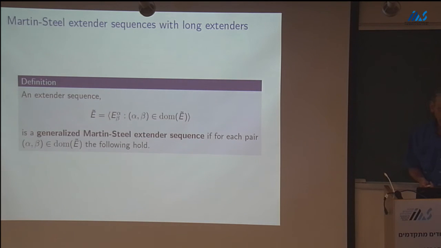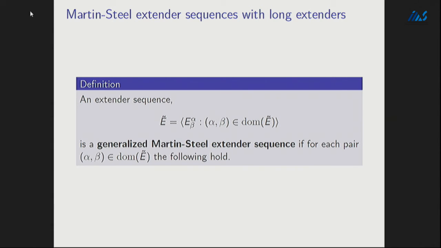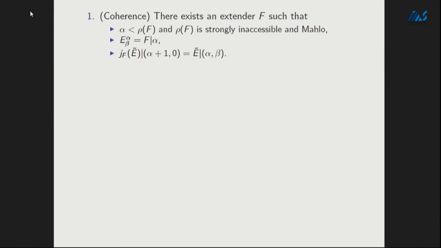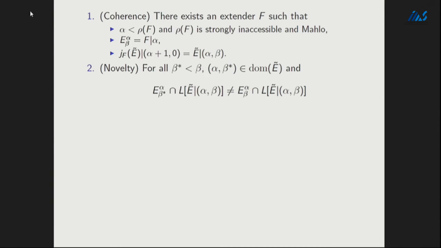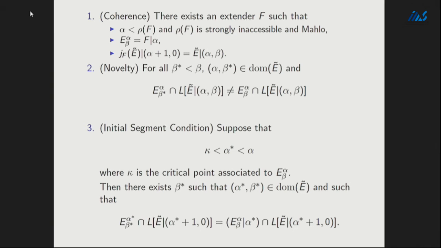So now we want to go past, because we want to get to supercompact, so we have to allow long extenders whose length is bigger than the image of the critical point. So this now defines a generalized Martin-Steel extender sequence. They did not look at this. And it's the same conditions. Coherence. What I've done is drop the shortness condition, that's all. So same coherence, same novelty, and same initial segment condition.